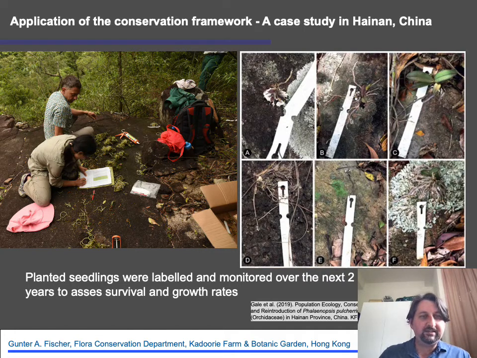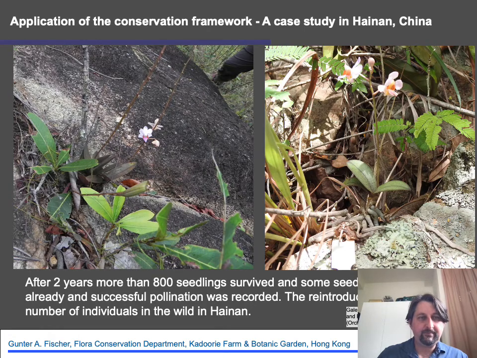All the planted seedlings were labeled and monitored over the next 2 years to assess survival and growth rates. So very important in any reintroduction project is to assess the success rate of the program by monitoring the plants over a given period of time to see how many plants actually survived. So the program was pretty successful.